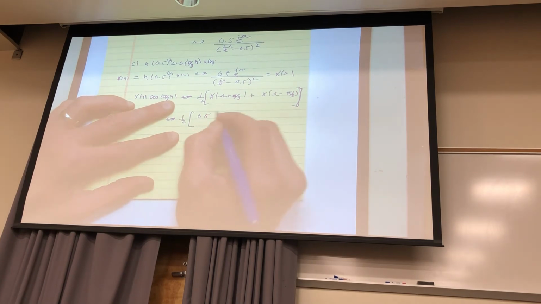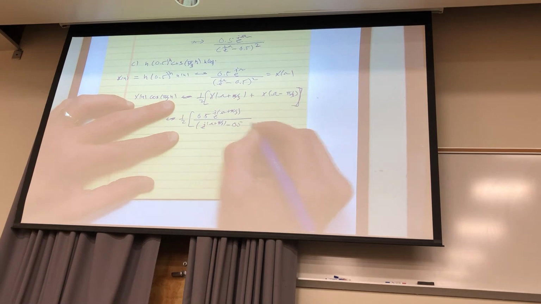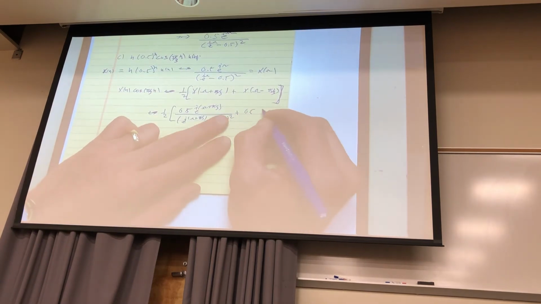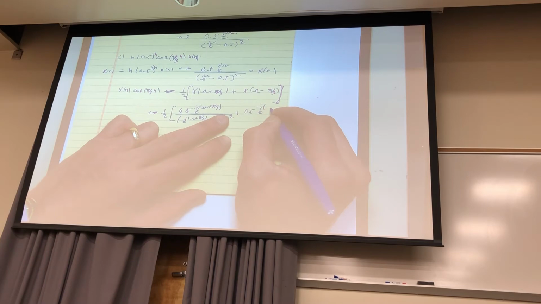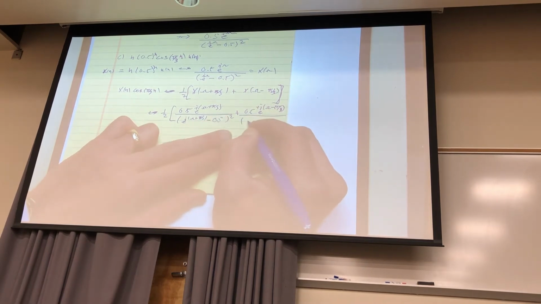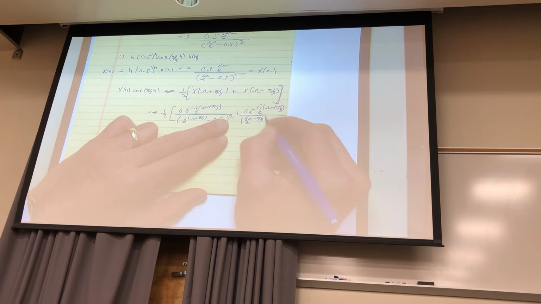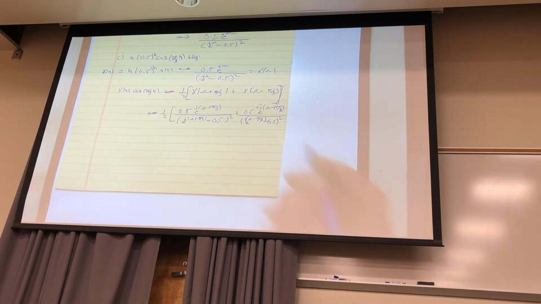So it's 0.5 times e to the j omega plus pi over 3 over e to the j omega plus pi over 3, as such, minus 0.5 squared plus 0.5 e to the minus j pi over 3 over, and close that bracket.